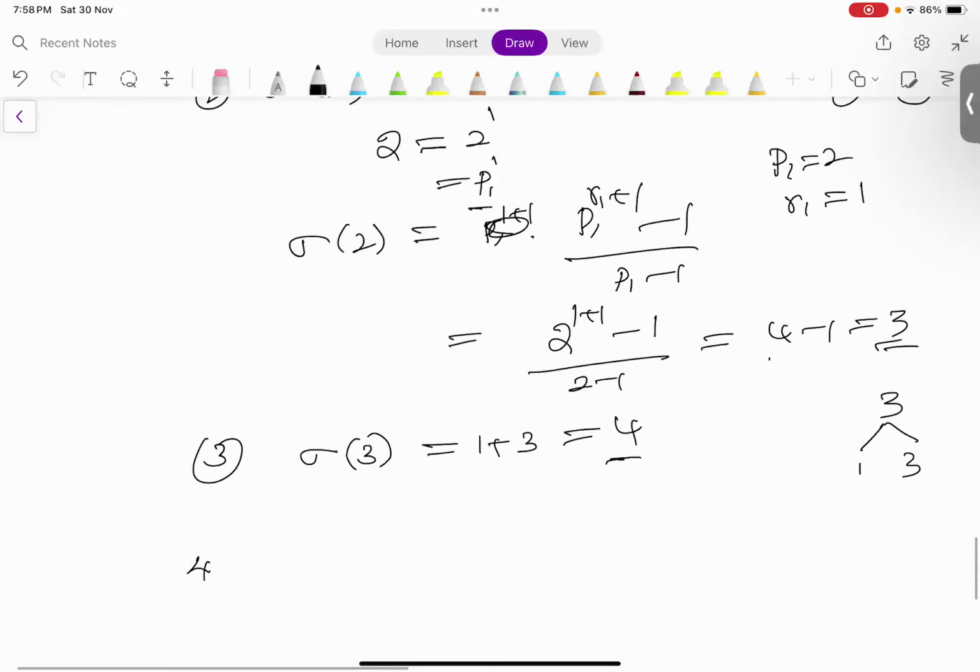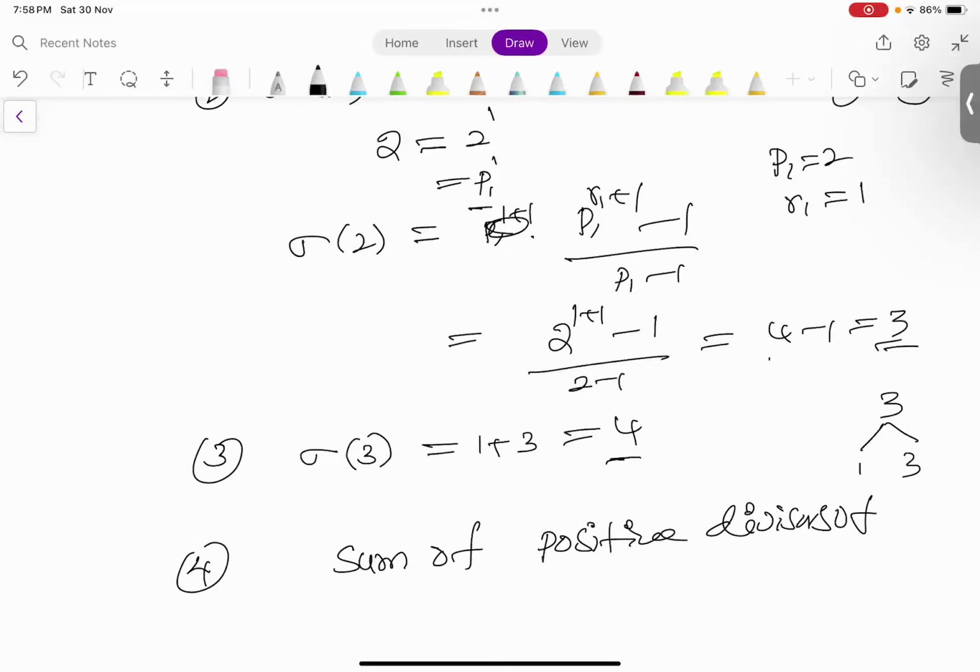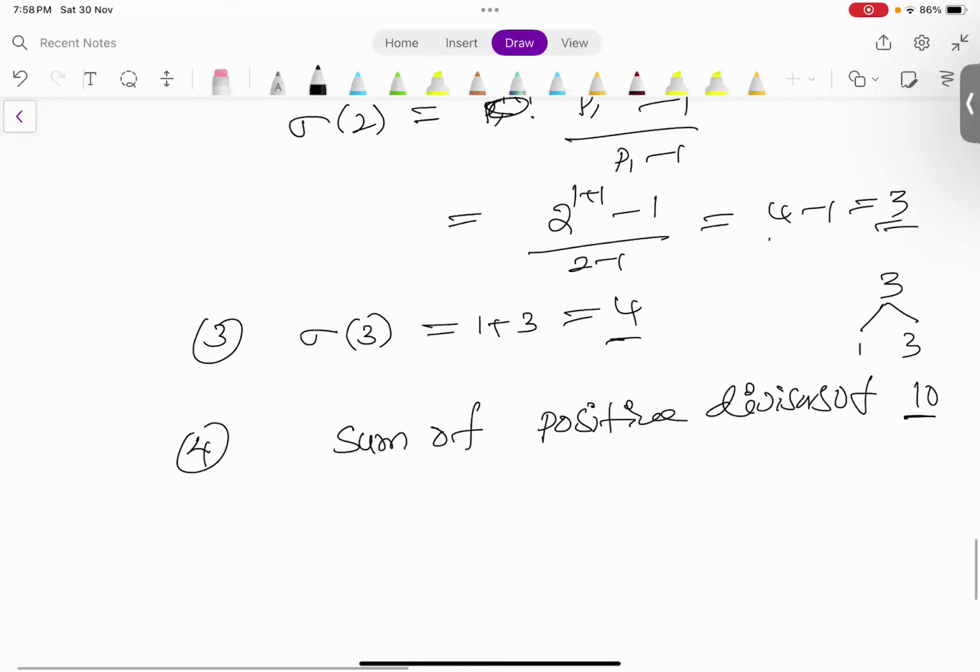Now, can you find sigma 10? The sum of the positive divisors of 10. Simplifying, the divisors are 1, 2, 5, then 10.